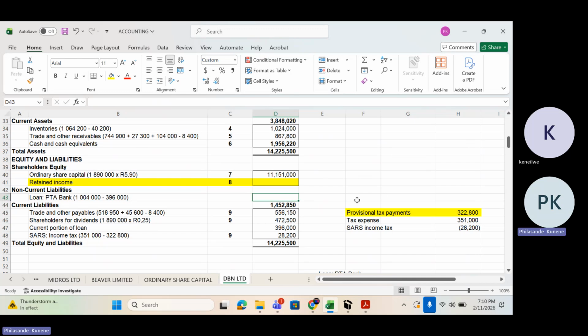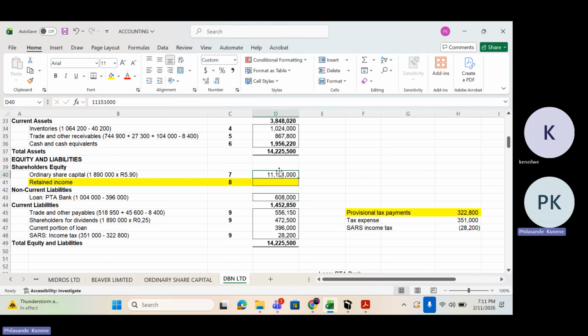How much if we punch our calculator? 608,000 rands. Thank you on that. So that will be our non-current liabilities.